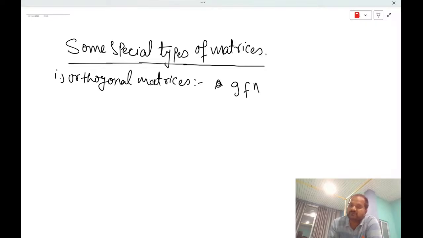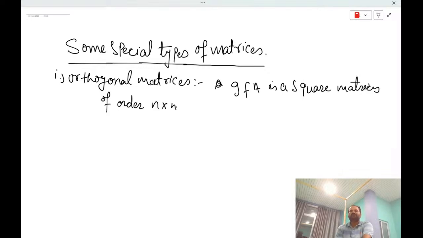If A is a square matrix, a square matrix means of order n by n, in which the rows and the columns are equal. So it can be a 2 by 2 order, or a 3 by 3 order, or 4 by 4 order also.